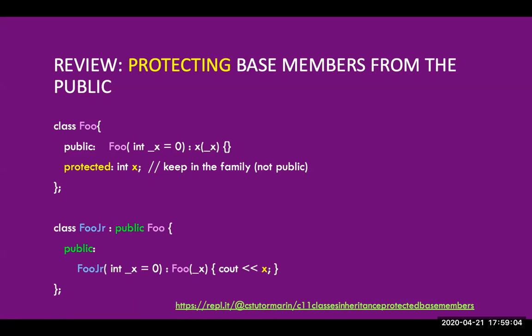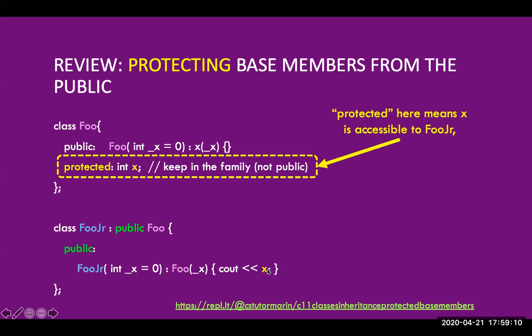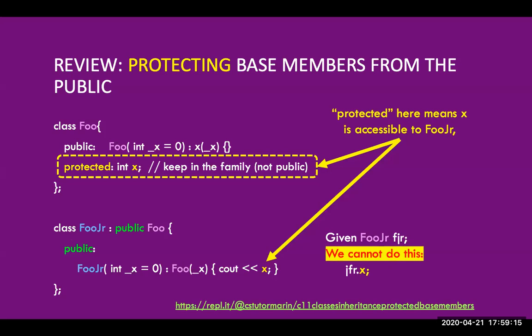That means that FooJunior can actually make use of x, and that's totally fine, but we couldn't access it publicly. So we can't do fjr.x from outside, think of it as main, through an instance of the class, we cannot have access to x. That would be as if x was public.